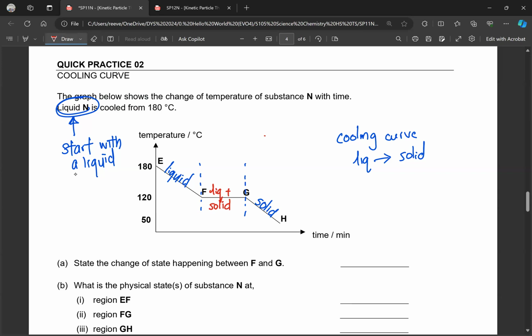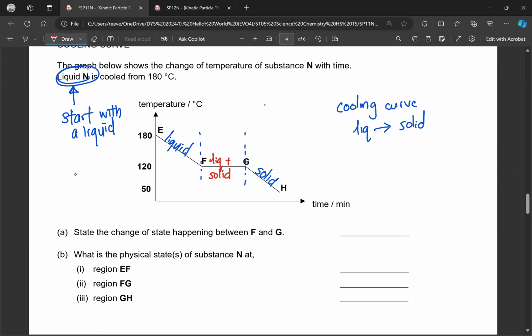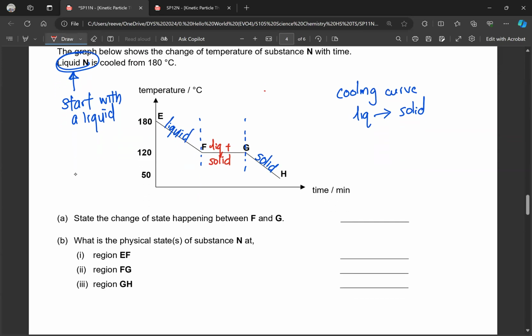Okay, the liquid is starting to change to become solid. So state the change at between F and G. F and G is here. What is the change? The change is freezing. Okay, the change of state is freezing.